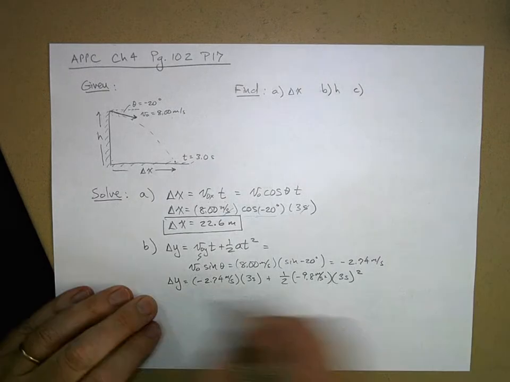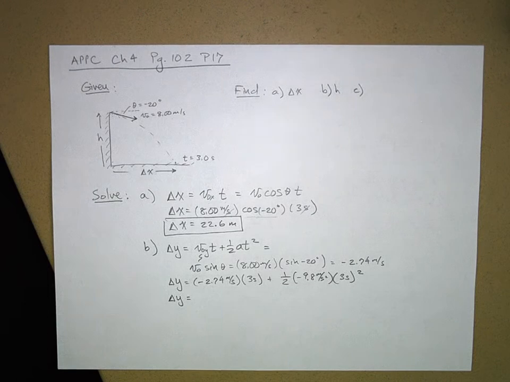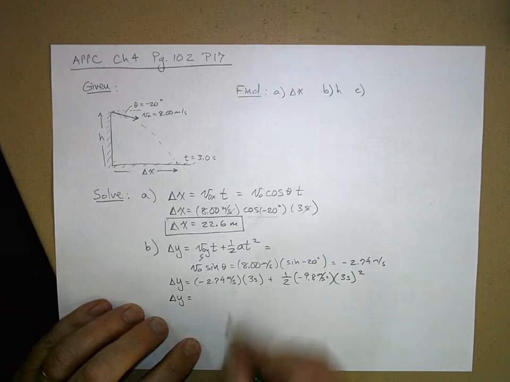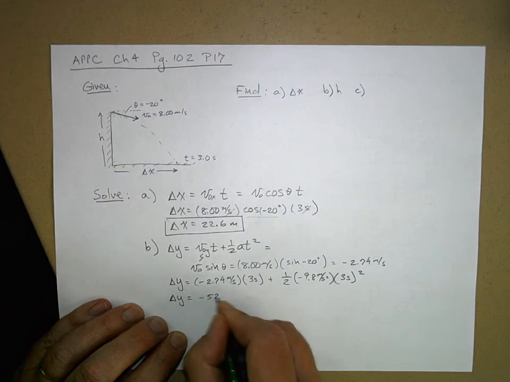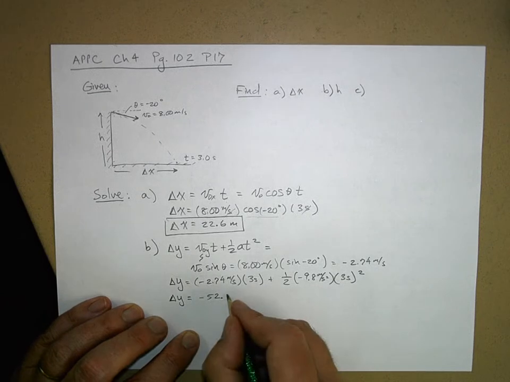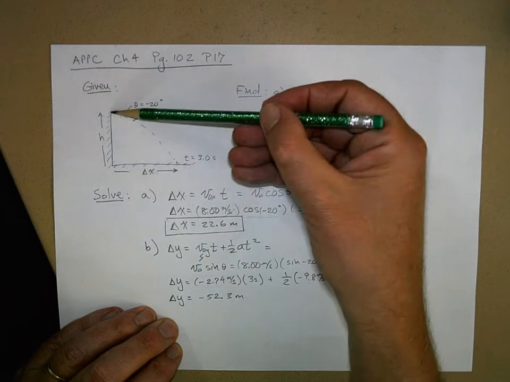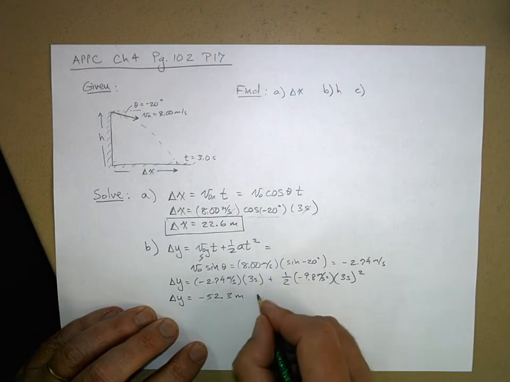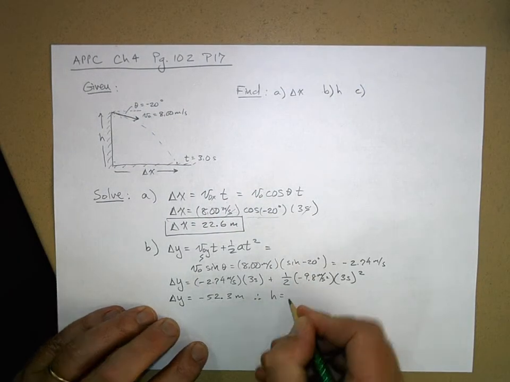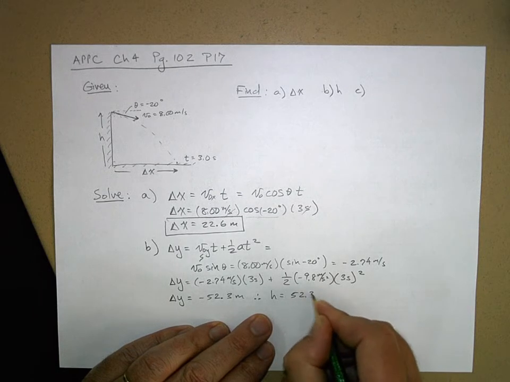And so delta y, when you do all that, equals negative 52.3 meters when you type all that in. But this is how far it dropped. So I just say, therefore, H equals 52.3 meters.